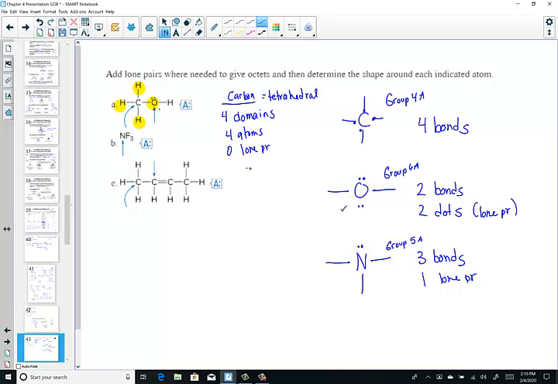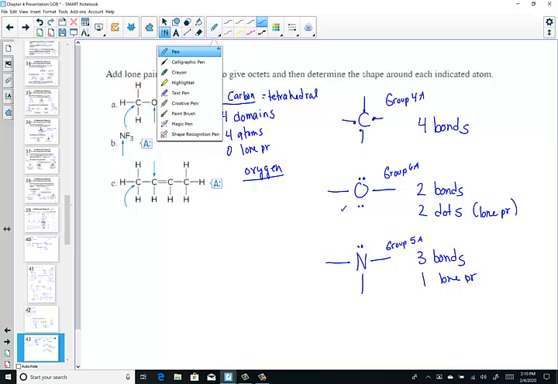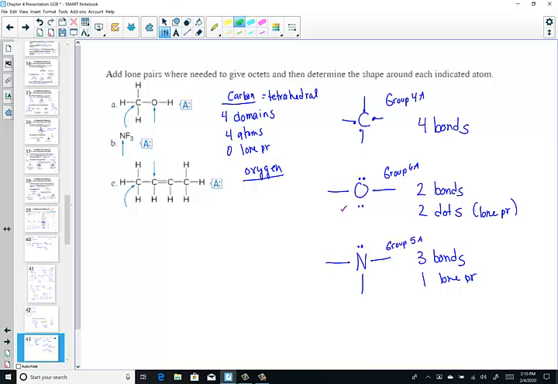Now let's focus on the oxygen because it also has an arrow pointed at it. Notice that carbon, which had all atoms, oxygen looks a little different, right? Not only do we see the 2 sets of atoms, but when I look at them, they also have 2 sets of dots.